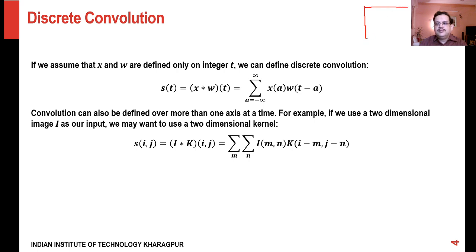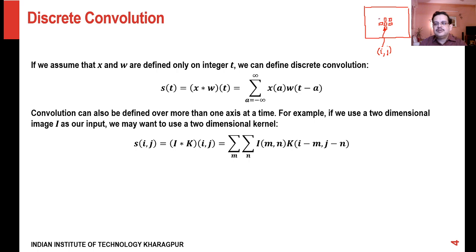So what it means here is that in my image I have a pixel somewhere here, and say this is the ijth pixel, then I have a pixel which is i minus 1, j, a pixel which is i plus 1, j, a pixel which is i, j plus 1, a pixel which is i, j minus 1, and a pixel which is i plus 1, j plus 1.